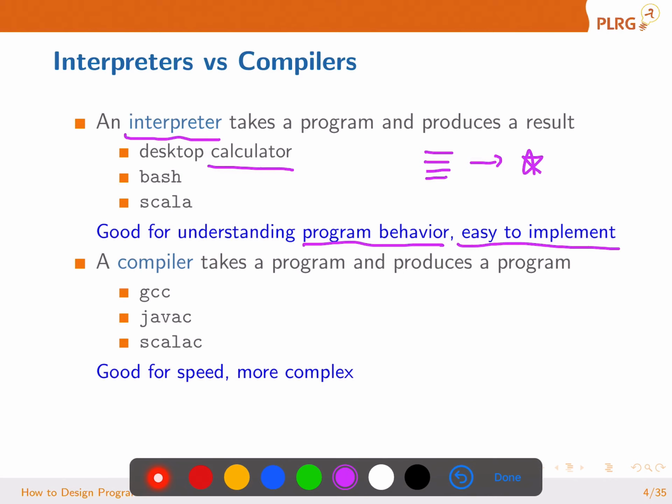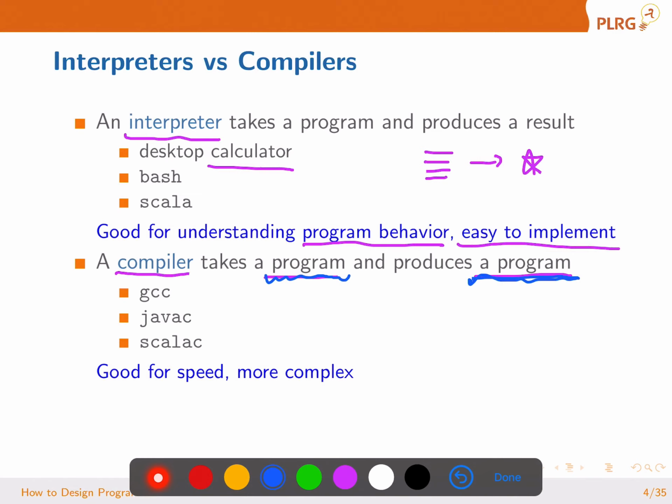And a compiler takes a program and produces another program. Are you kidding? You want to run a program and get the result, but it produces another program. What does that mean? Another program which is different in the sense that usually the input program is written in a source language and the resulting program is written in a target language.